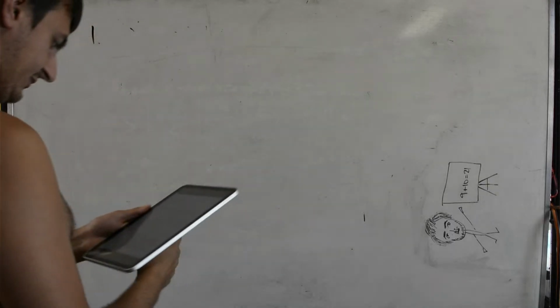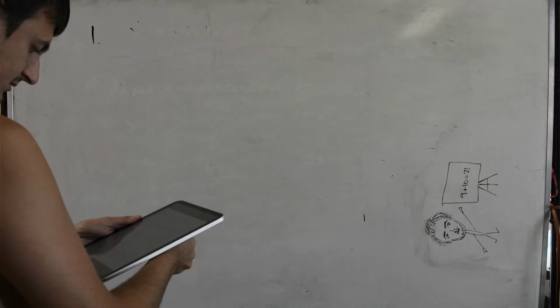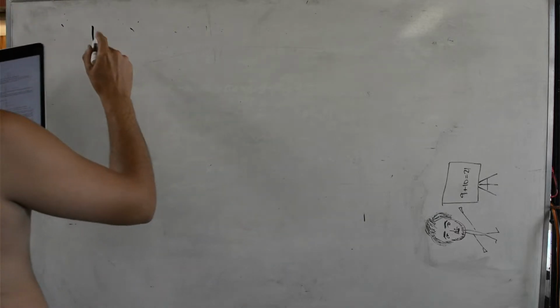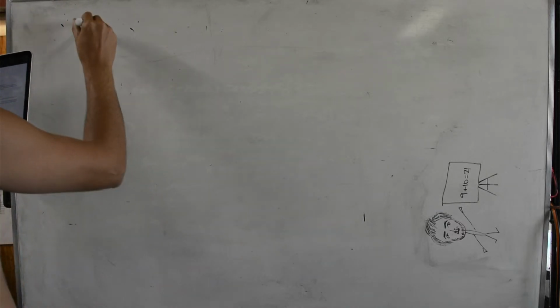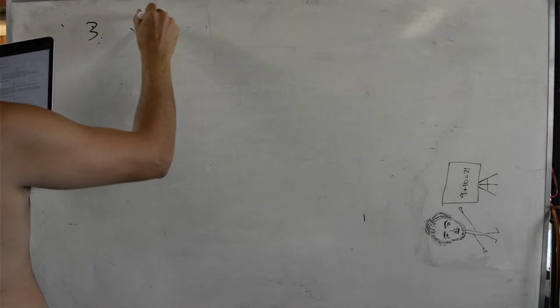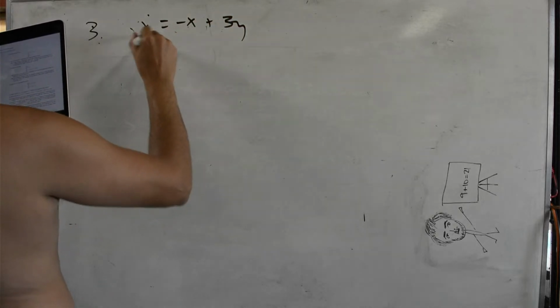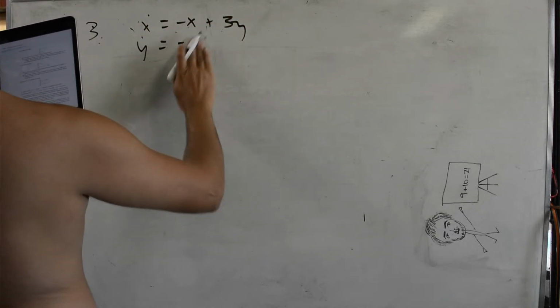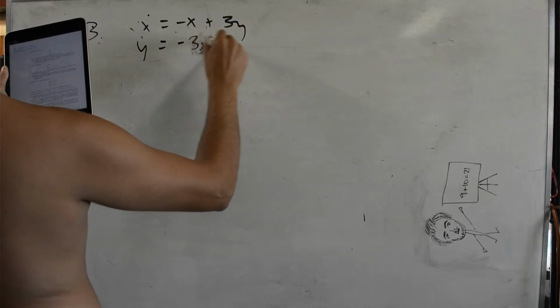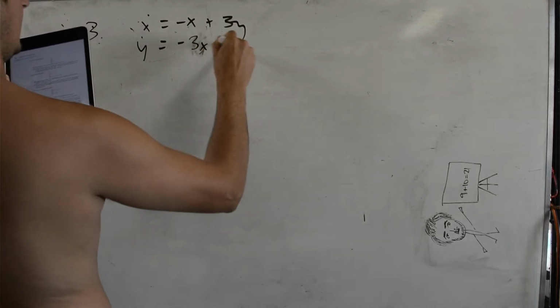Okay, problem 3. Consider x dot equals minus x plus 3y and y dot equals minus 3x minus y.